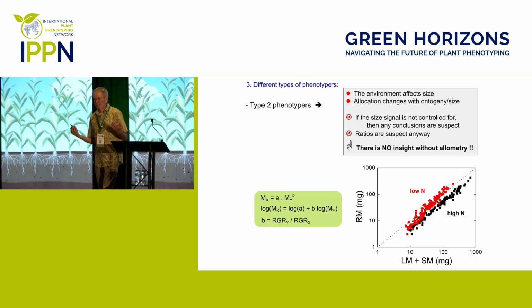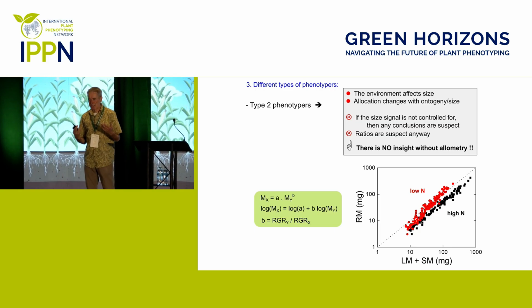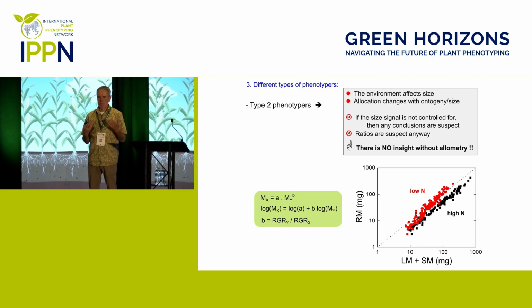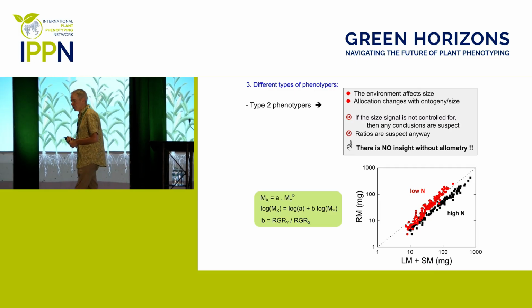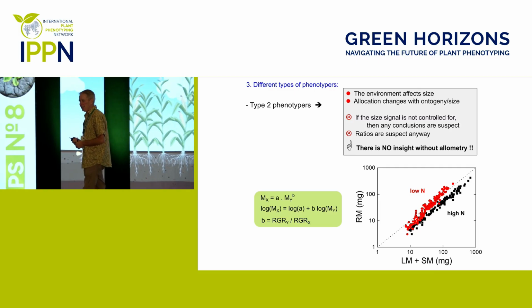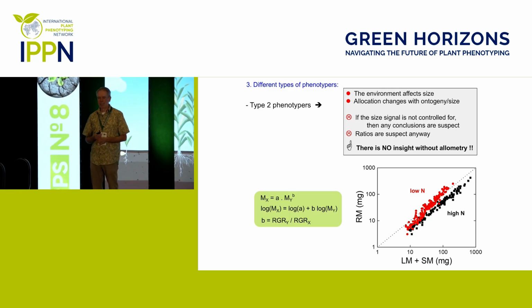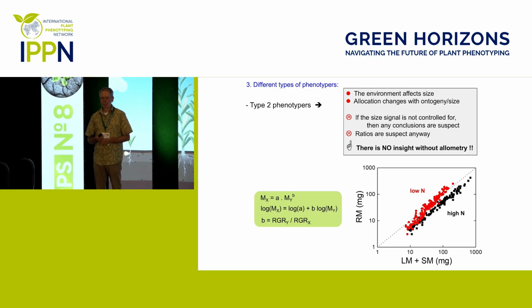And we also know that allocation changes with size. So if you do not control for size, we do not know anything. We have very suspicious data, and the ratios are suspicious anyway, you shouldn't use that. So according to these type 2 phenotypers, there are no insights into allocation if you do not use allometry.